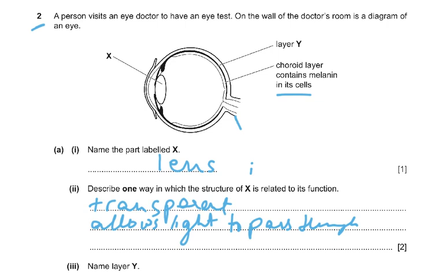Or you wrote it's flexible and is able to change shape and focus the objects. So either of these you could have written, or you could have written the fact that it's flexible and is able to change shape, so focuses objects onto the fovea.